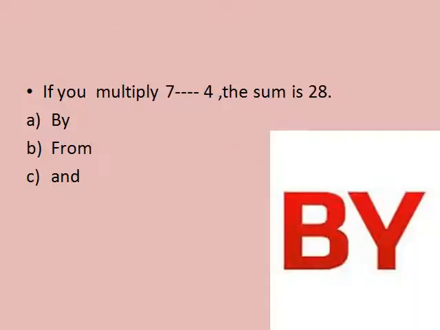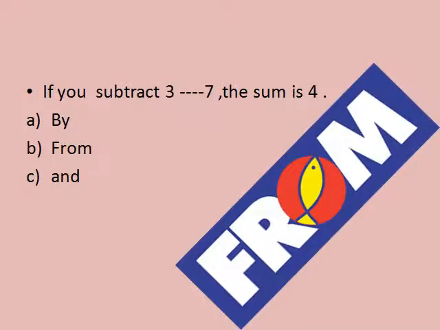And. If you multiply 7, 4, the sum is 28. By, from, and. By. If you subtract 3, 7, the sum is 4.